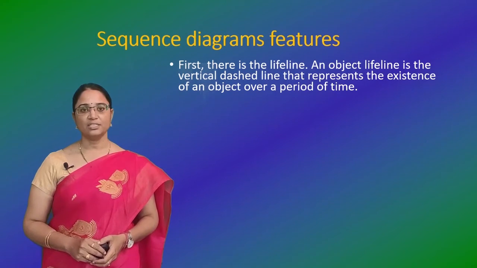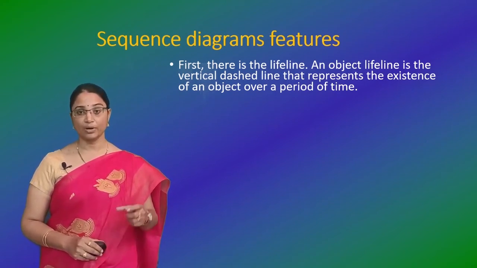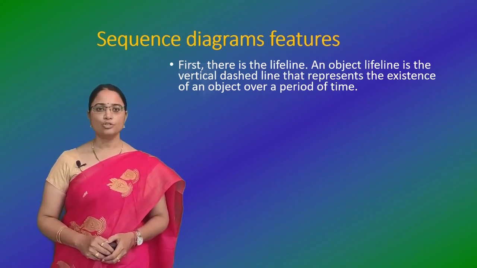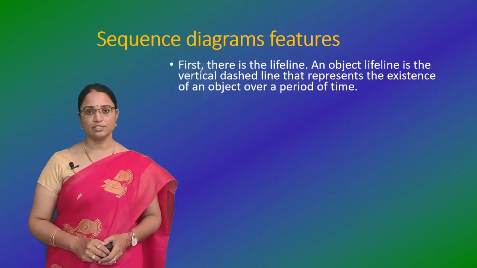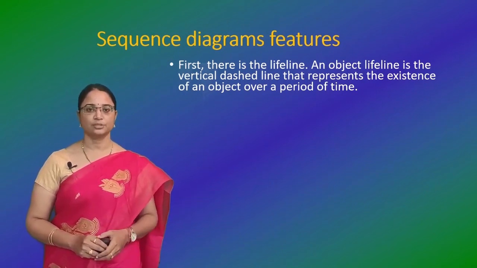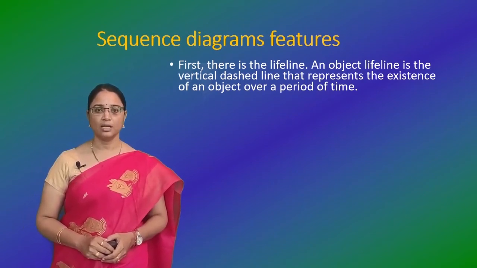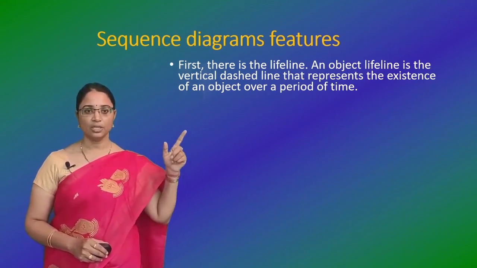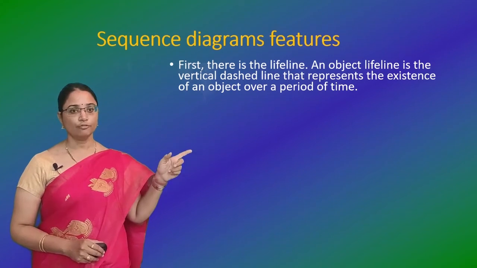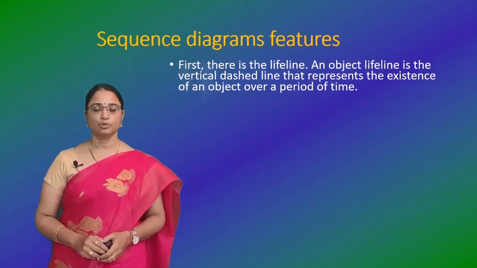An object lifeline is the vertical dashed line that represents the existence of the object over a period of time. Most objects that appear in an interaction diagram will be in existence for the duration of the interaction. So these objects are all aligned from the top of the diagram with their lifelines drawn from the top of the diagram to the bottom.